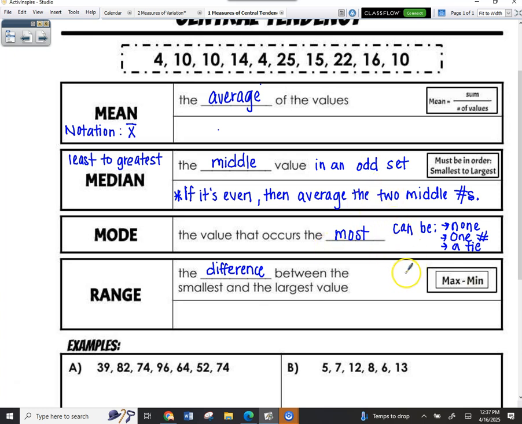All right, now what I want to do is this data set right here. This is our data set. Come on. I want you to first count up quietly how many numbers are in that data set total. Count it up. Quietly.